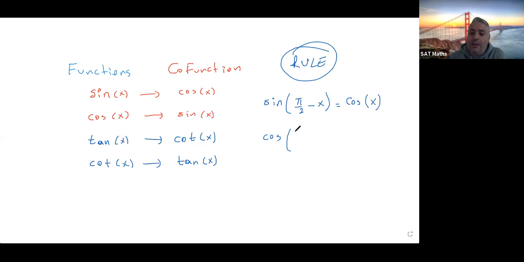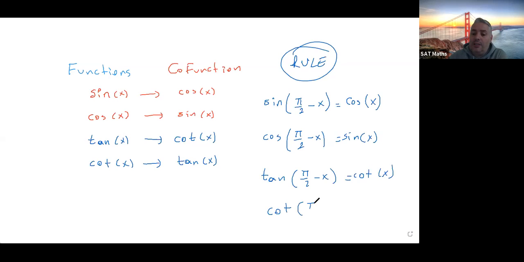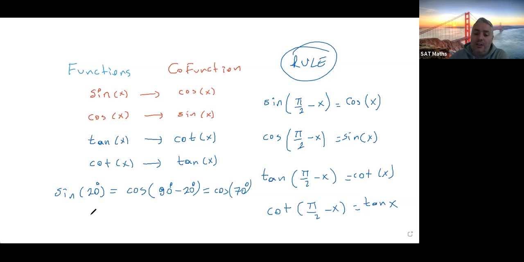Similarly, cosine of 90 degrees minus x is sine of x, tangent of 90 degrees minus x is cotangent of x, and cotangent of 90 degrees minus x is tangent of x.